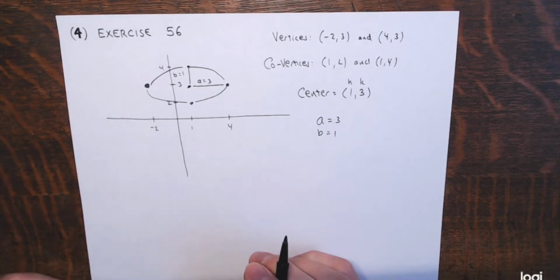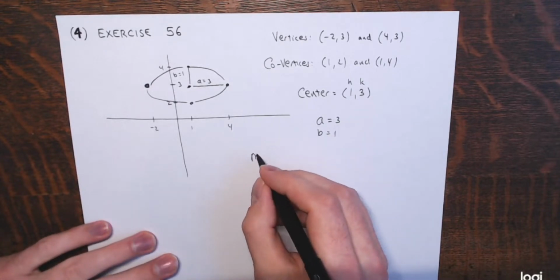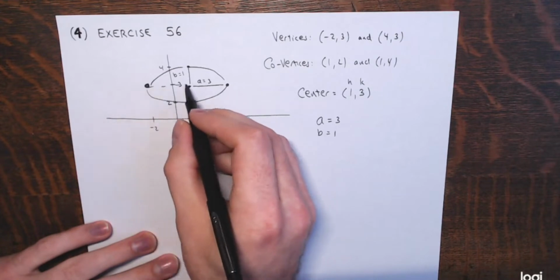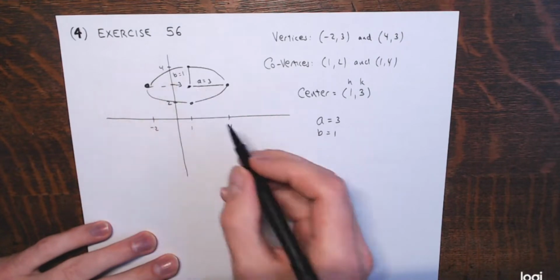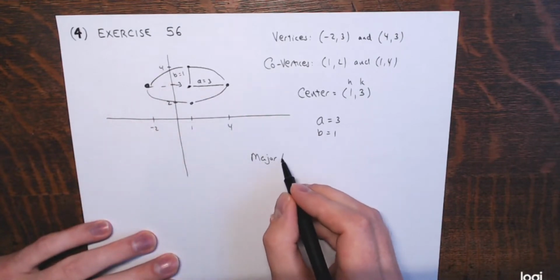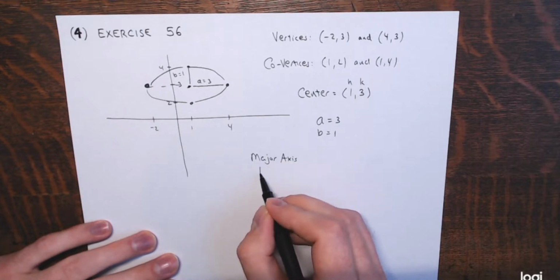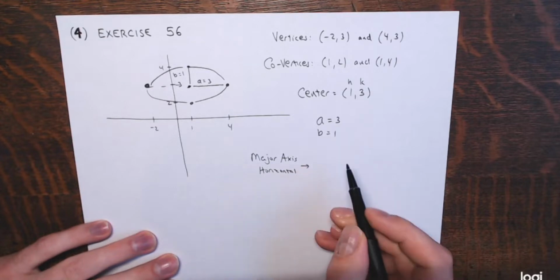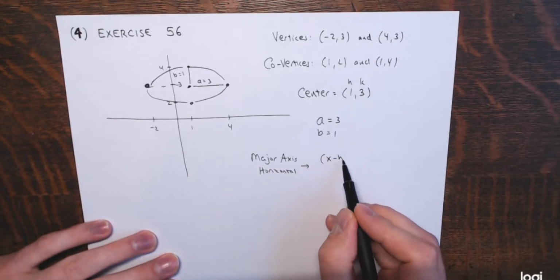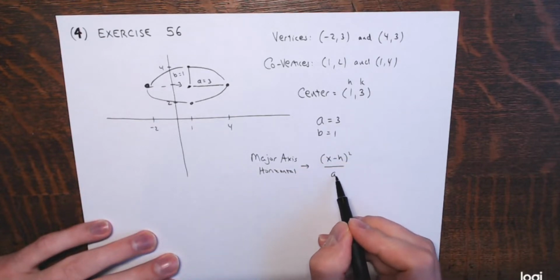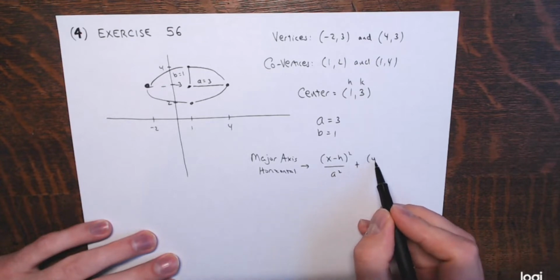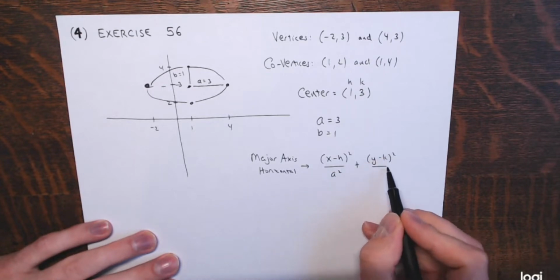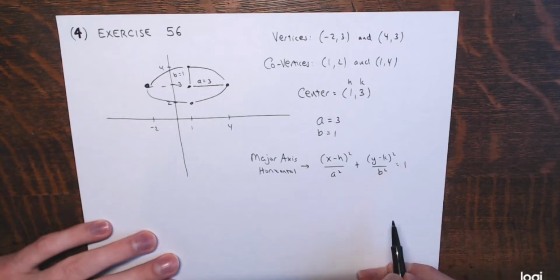And the major axis is horizontal this time, right? It's longer horizontally than it is vertically. The major axis is horizontal, parallel to the x-axis, meaning our equation is going to look like this: x minus h squared over a squared plus y minus k squared over b squared equals 1. And I have everything.